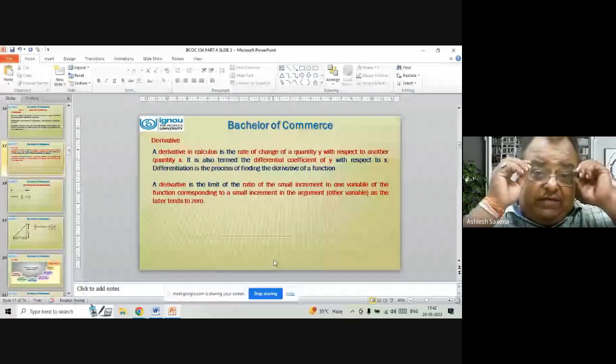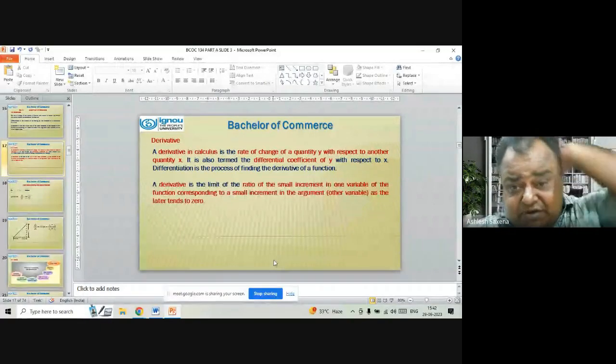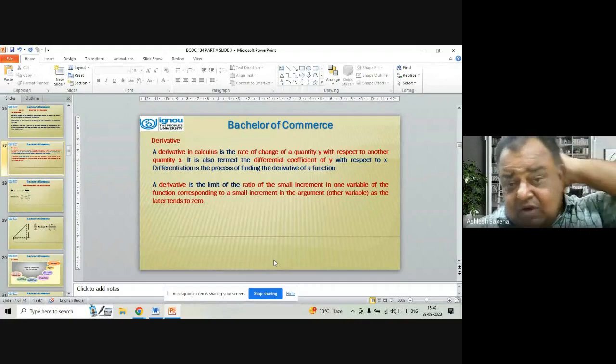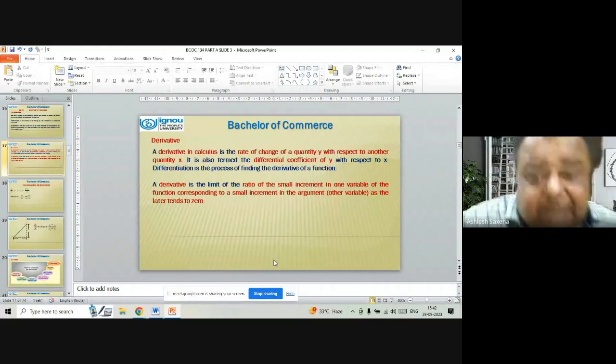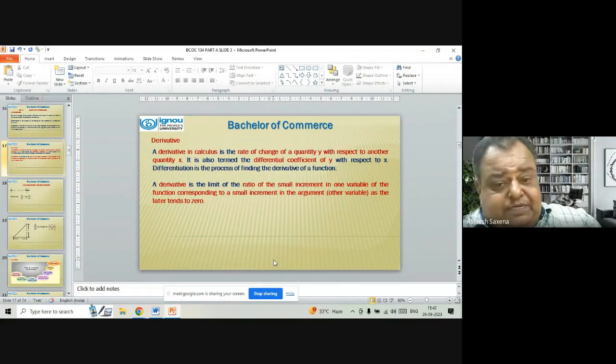Now, derivative. A derivative in calculus is the rate of change of quantity y with respect to another quantity x. It is also termed the differential coefficient of y with respect to x. Differentiation is a process of finding the derivative of a function.